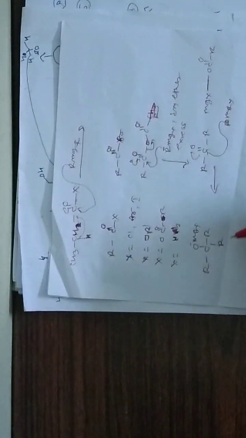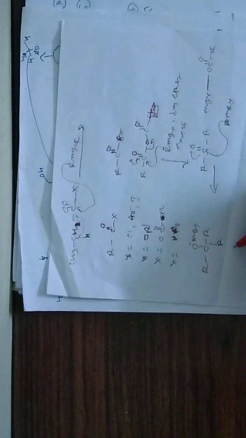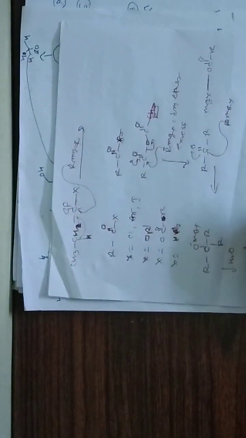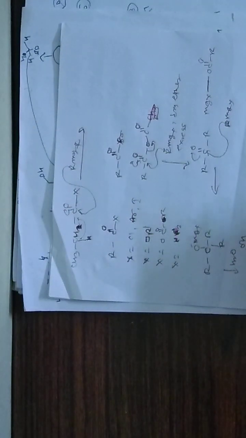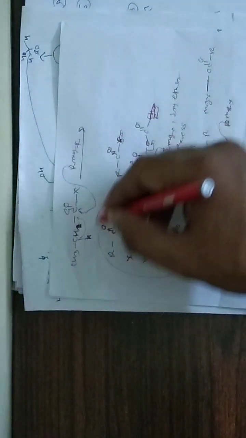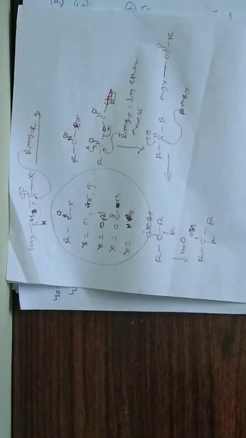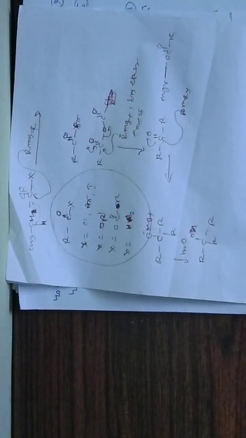Now there is no leaving group, so it will not attack as a nucleophile again. Next, water will be added, and what will be the product? Tertiary alcohol. So if we use this type of compound, then tertiary alcohol will be formed if Grignard reagent is used in excess, not in one equivalent.